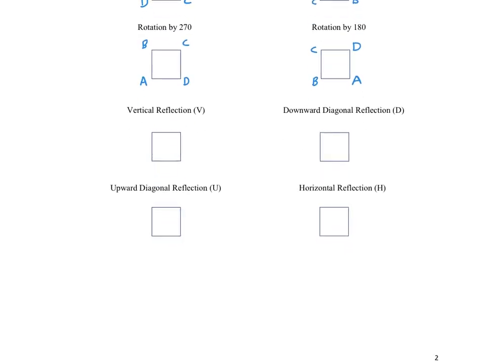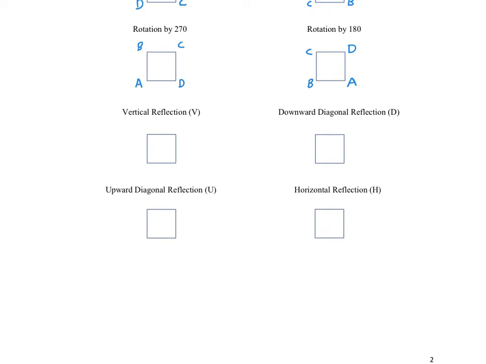Now, there are 4 more reflections that are possible. So above, we already performed the vertical reflection, which puts A, D there, and B, C right there. A horizontal reflection would flip the top and the bottom.